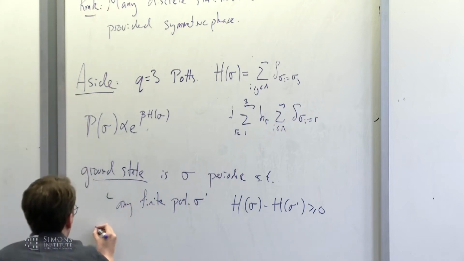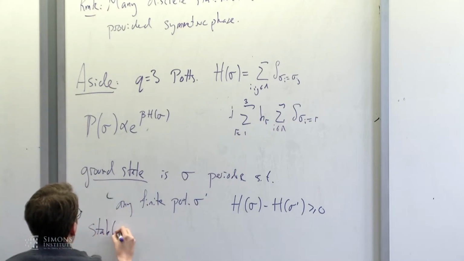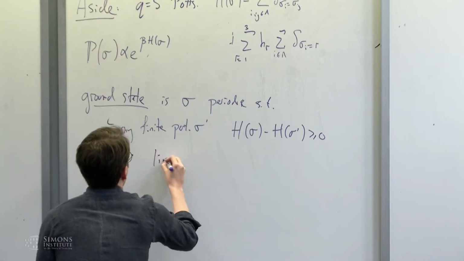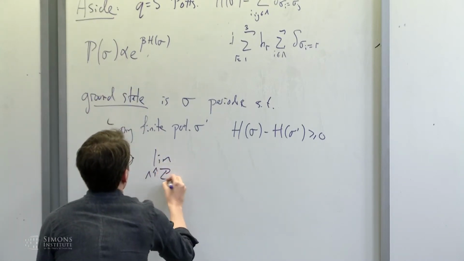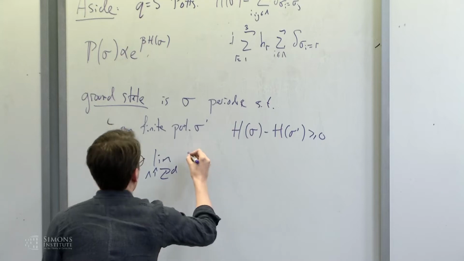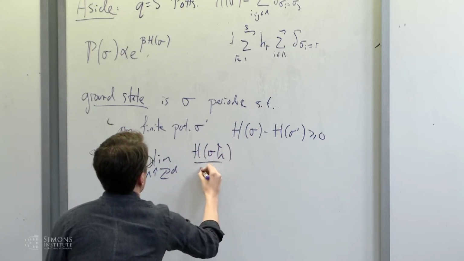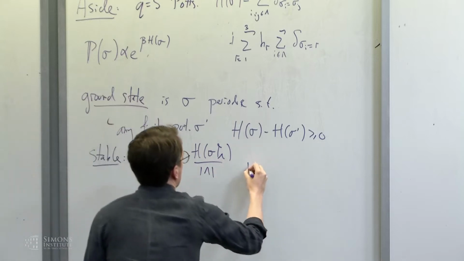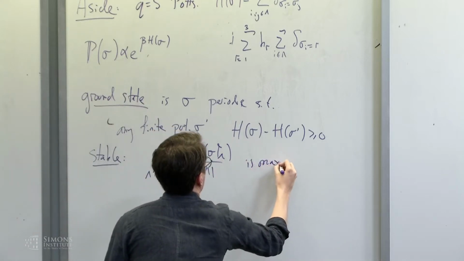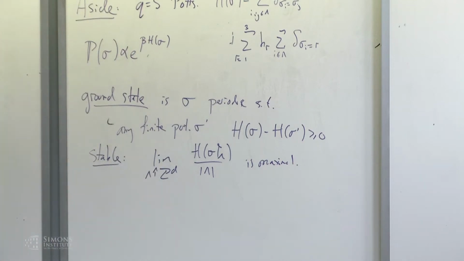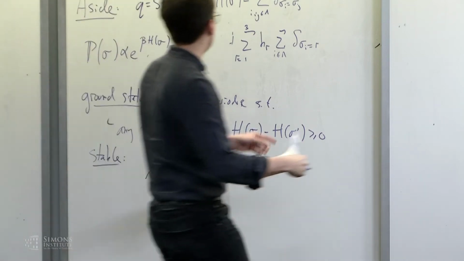And you call a ground state stable if you know that the limit as lambda increases to Z^d, the energy of the configuration restricted to lambda is maximal. Okay, so what does this mean in a concrete example?